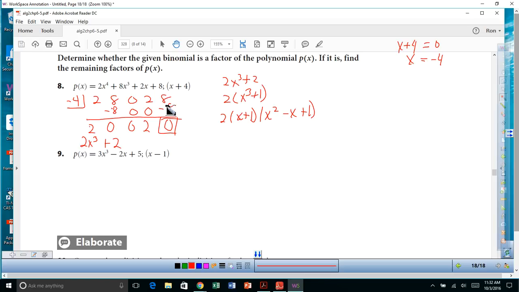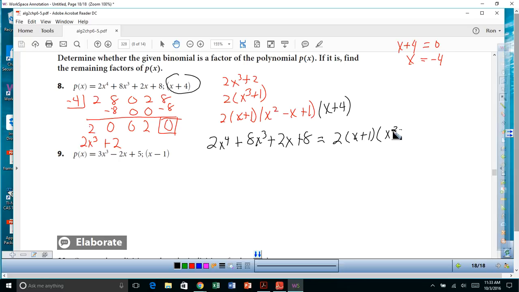And then don't forget our original x plus 4 over here. So we got x plus 4. Those are the factors. So let's see, 2x to the 4th plus 8x cubed plus 2x plus 8 equals 2 times x plus 1 times x squared minus x plus 1 times x plus 4.